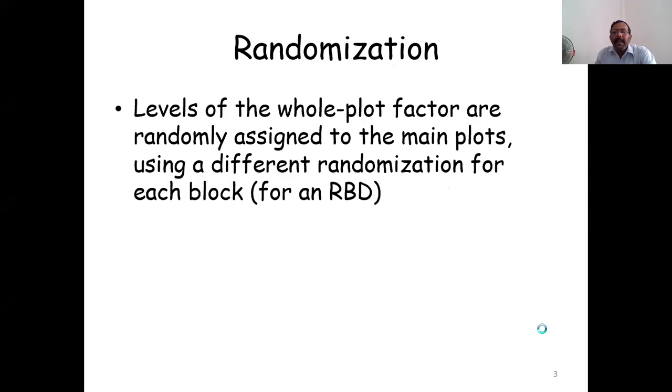Right, look at the randomization process. This is the important part of the randomization process. The levels of the whole plot factor are randomly assigned to the main plots. First we do the randomization, as in the RCBD, using a different randomization for each block separately.